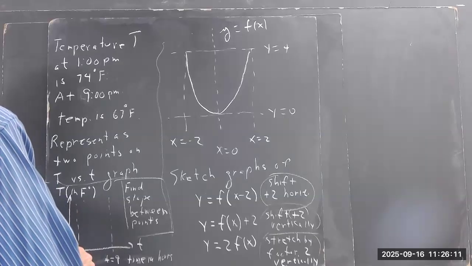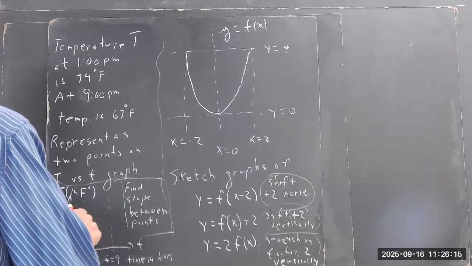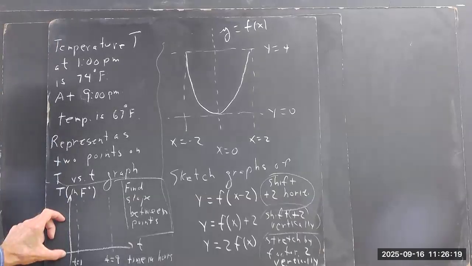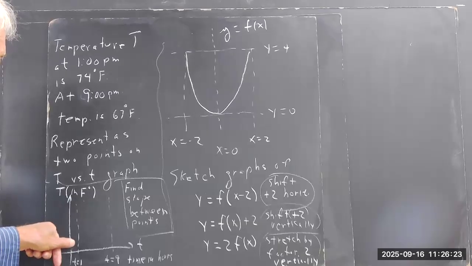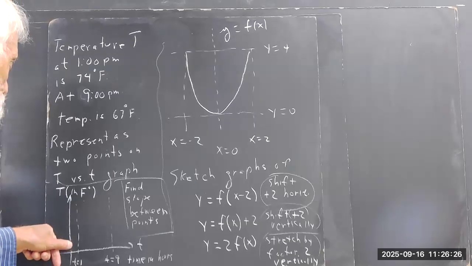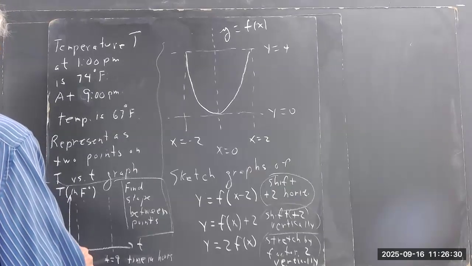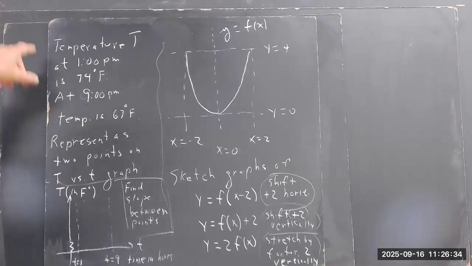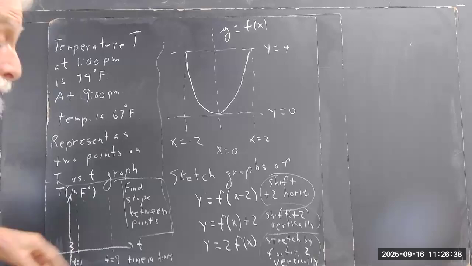Well, 67 is here, 74 is going to be just a little way above it. If you got to do 67 units here, but t equals 0, big T equals 0 isn't particularly important. So we're just going to say this is part of the t-axis, but we're not showing it. Okay.